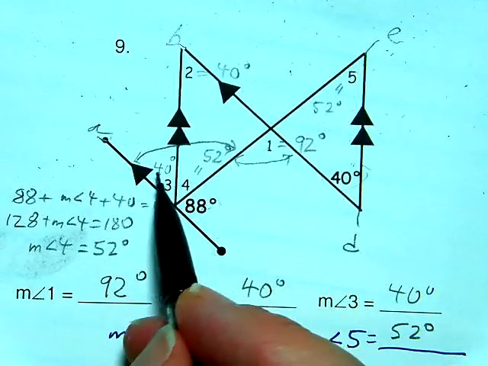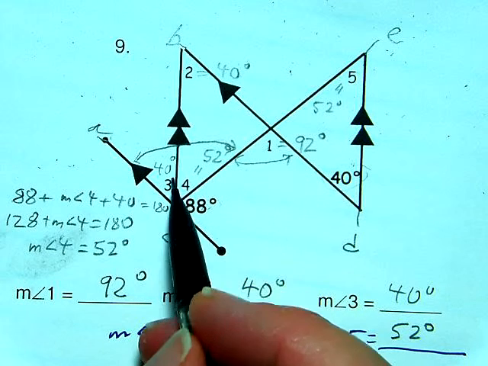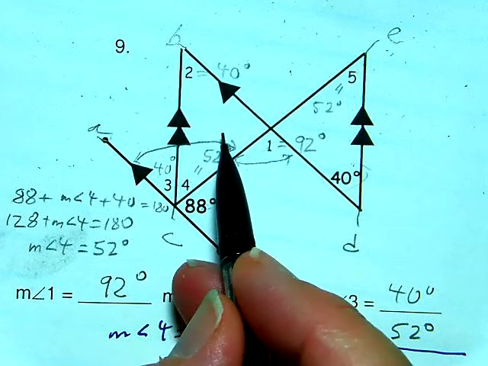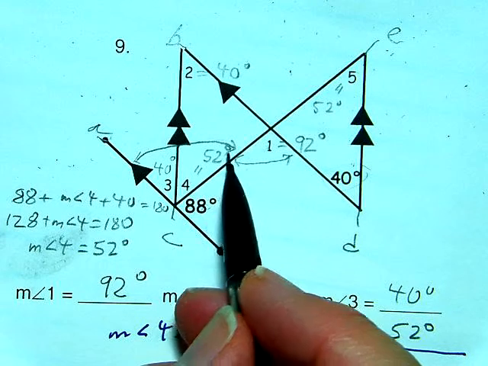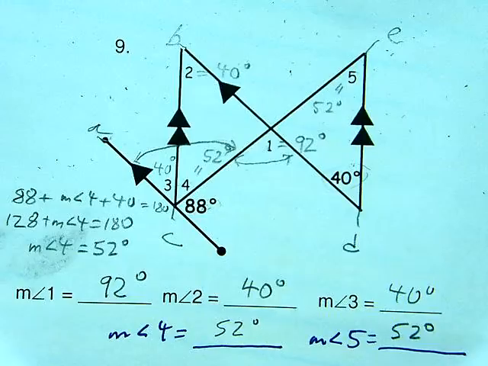Well, that is the case because 40 plus 52 is 92. But before we figured out angle 4, we could have used that fact to deduce that angle 4 was 52 degrees. Okay, so again, we see multiple ways in which the different theorems can be used to our liking, to whatever seems convenient, but they will always independently lead to the same correct conclusions.